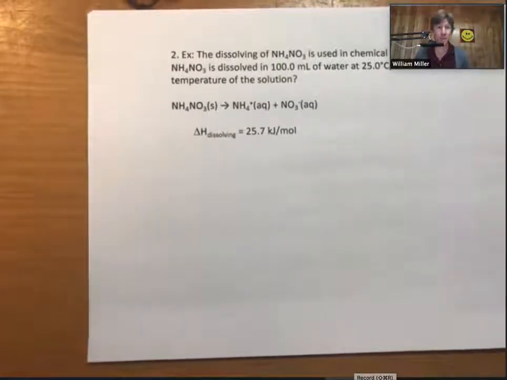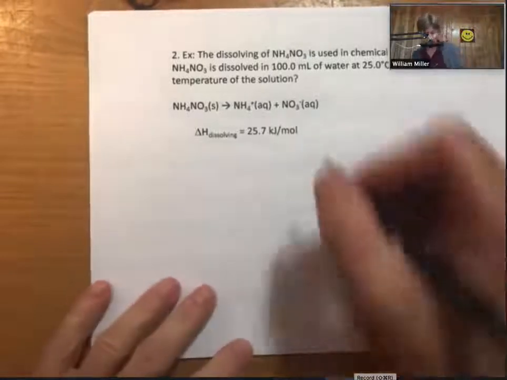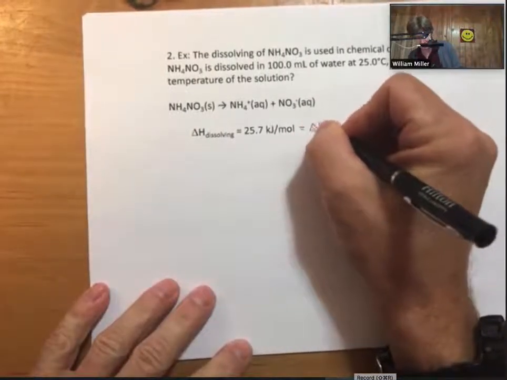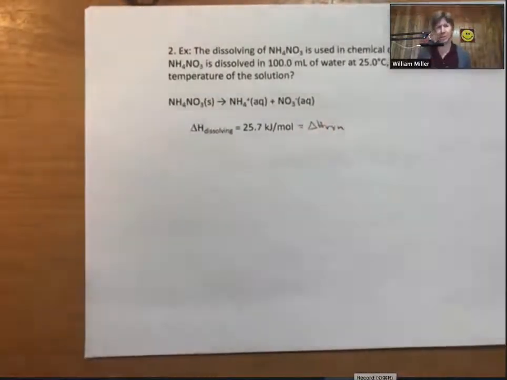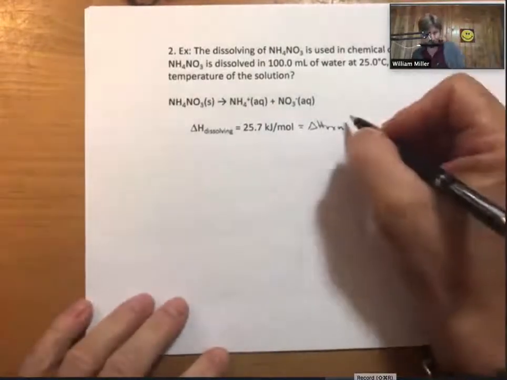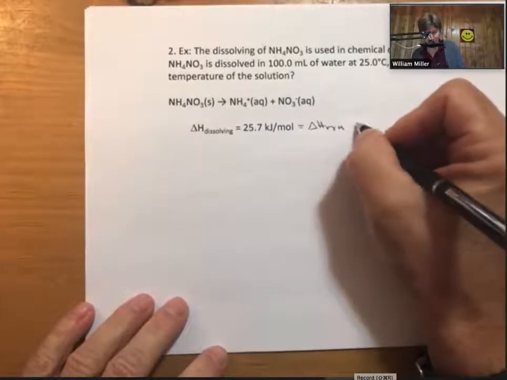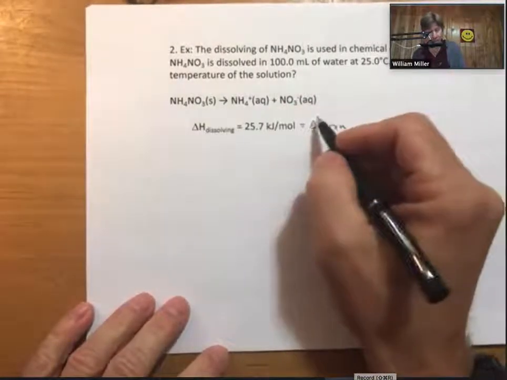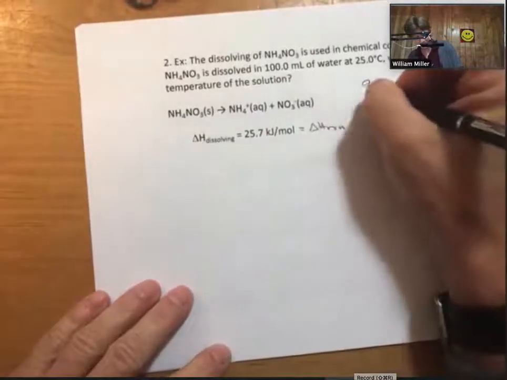So we've used the subscript dissolving, but we could have very easily just used delta H reaction there. Functionally, it's the same thing. Dissolving is a specific example of a type of reaction. In either case, all right, so now this time there is a reaction. I'll write it up here.